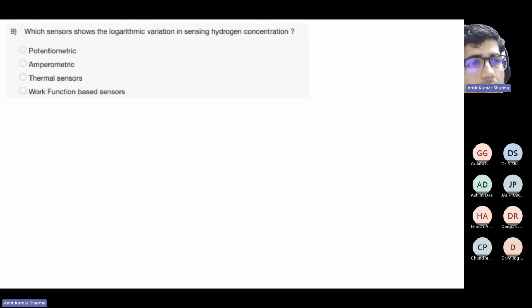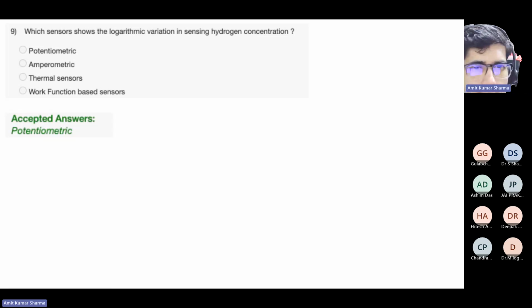Which sensor shows the logarithmic variation in sensing hydrogen concentration? Potentiometric, amperometric, thermal sensor, work function based sensor. If you go through the electrochemical sensor and see the Nernst equation section, the potentiometric sensor shows the logarithmic variation because the term is in the ln.